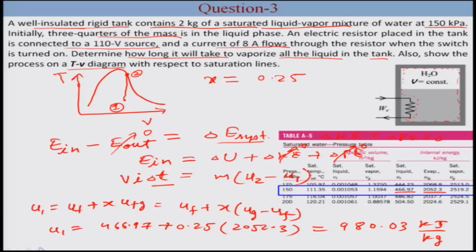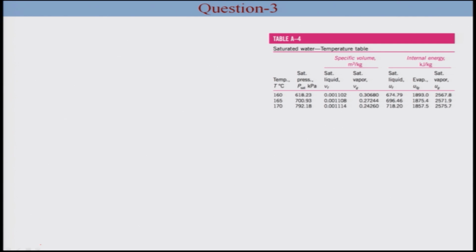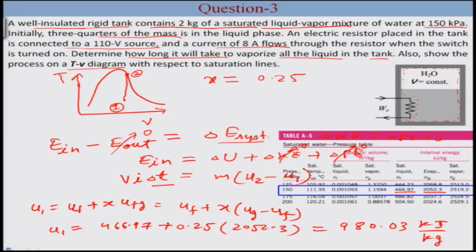And the corresponding specific volume can also be calculated as V1 equal to Vf plus x times (Vg minus Vf). Vf is given as 0.001053, which is here in this table, this point and this point.